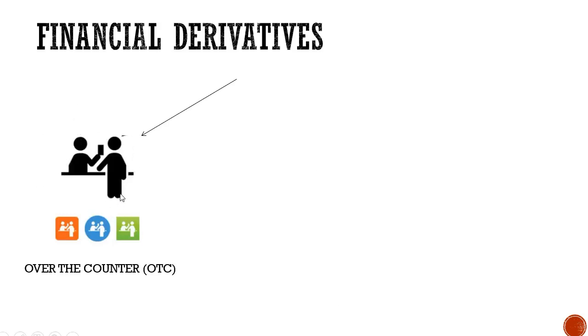Now this is a bit riskier because it depends on person to person. So over the counter trade of derivatives is a bit more riskier. It can also be known as a direct trade because here the buyer and the seller trade face to face. That is the first type of trade which takes place under financial derivatives.